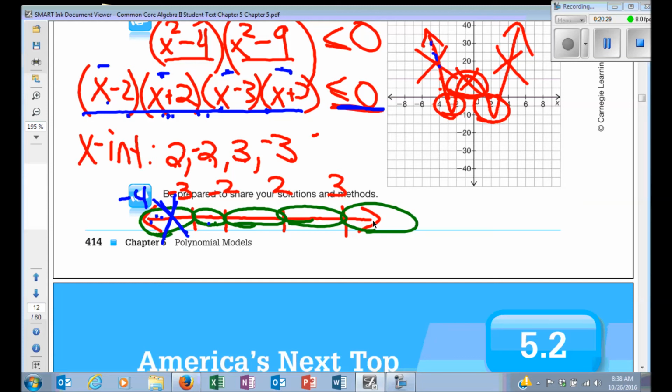Now, what number would I have to choose here? A negative 2.5. Well, again, start over. Negative 2.5. Negative 2.5. And a negative 2 is a negative number. Negative 2.5 and a positive 2 is still a negative. Negative and a negative.